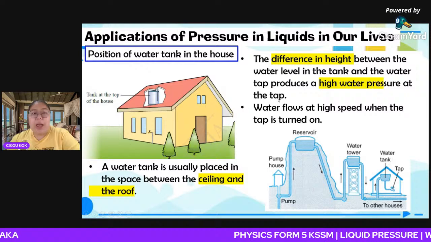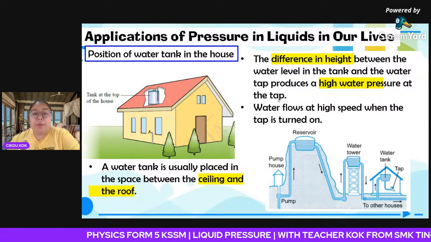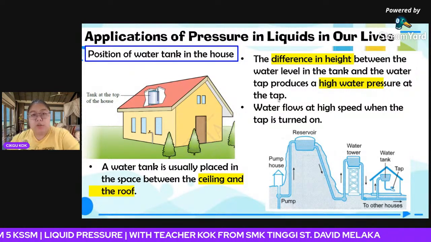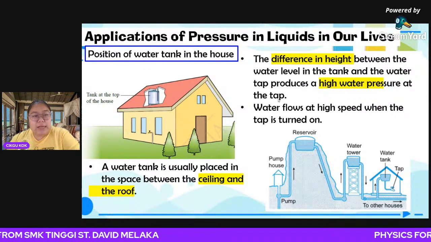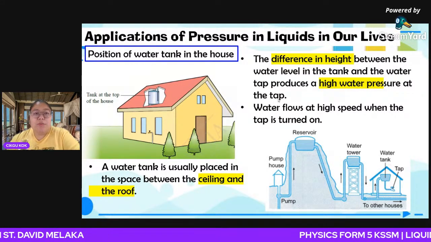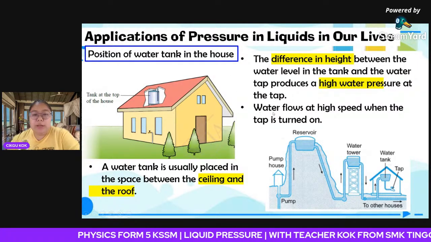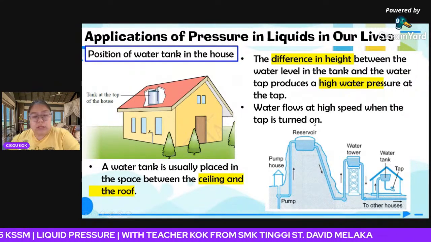So when the height is higher, you get a higher liquid pressure. Remember the formula: liquid pressure is rho h g. What is important now is that we adjust the h. When the h becomes higher, the pressure of the whole system should be higher. So the water flows at high speed when the tap is turned on.